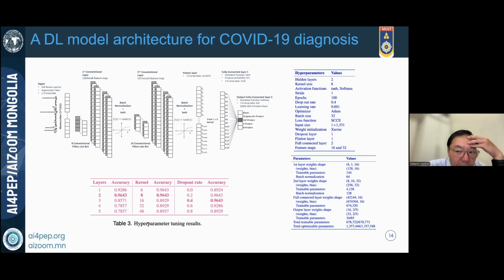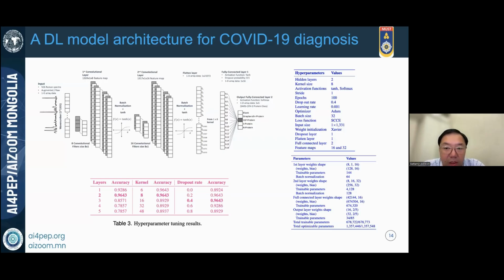We optimized the hyperparameters using grid search. After that, the tuned hyperparameters are here. We chose the 2-layer, and the accuracy was the best, 0.96. We also chose the kernel of 8, and the accuracy was also very good, 0.98. We also chose the dropout of 0.4, and the accuracy was 0.96 also.